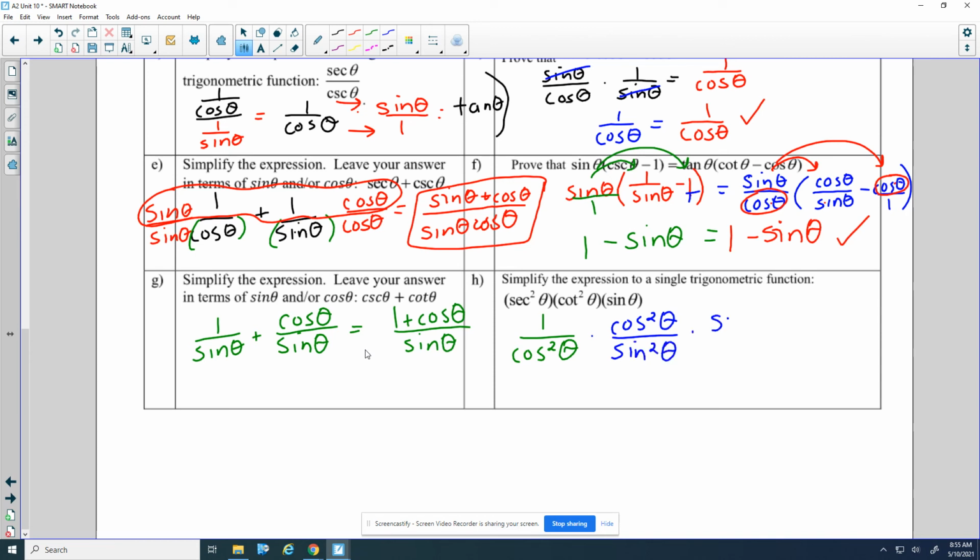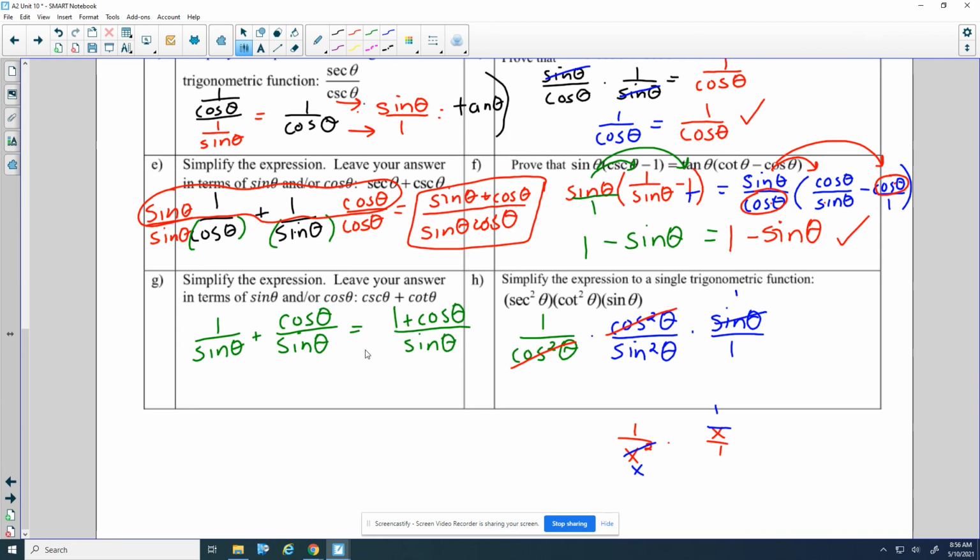And then sine theta is just sine theta over 1. So these kind of obviously cancel. When I get to sine theta and sine squared theta, I'm going to rewrite it like this. So I'm going to pretend the sine squared is an x squared and the sine is just an x. So if I was multiplying here, this x would cancel and I'd have 1x left down here. So the sine and the sine squared work the same way.